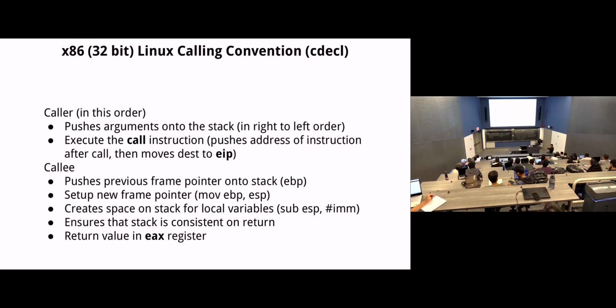Okay, so back into the add function. The add function is a callee. It will push the previous frame pointer onto the stack. The previous function's frame pointer is the main function's frame pointer. Main function is the previous function, and that is the EBP. So it will push EBP to the stack. What's the purpose of this?